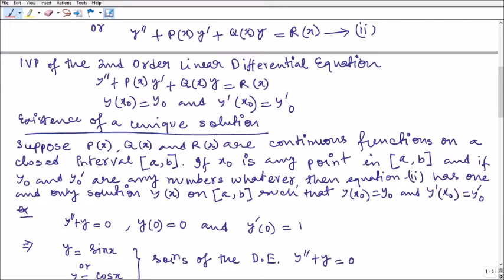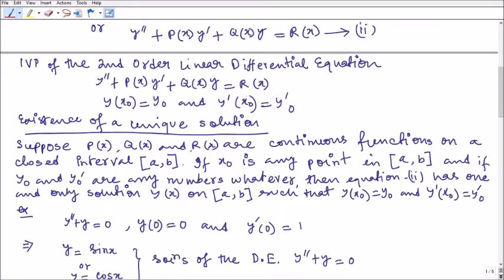Now let us discuss the existence of a unique solution. It is written here, suppose p(x), q(x), and r(x). You know that p is the coefficient of dy/dx, q is the coefficient of y, and r is the right hand side part.